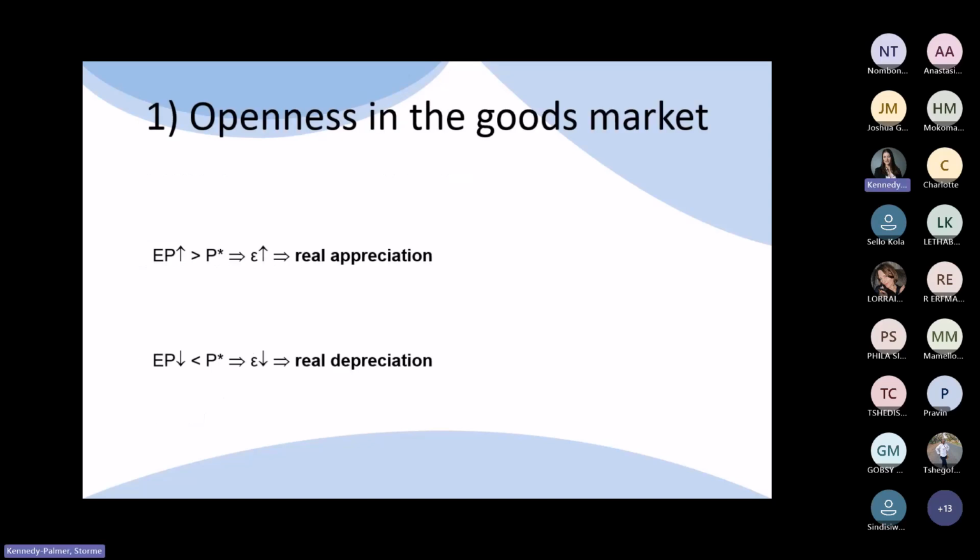To summarize, an increase in the relative prices of South African goods compared to foreign goods will lead to a real appreciation, whereas a decrease in the relative prices of South African goods compared to foreign goods reduces the exchange rate, i.e. a real depreciation. Is everyone good with that?